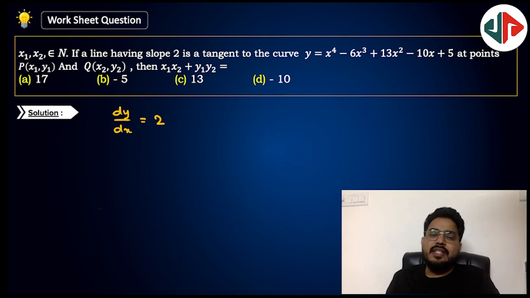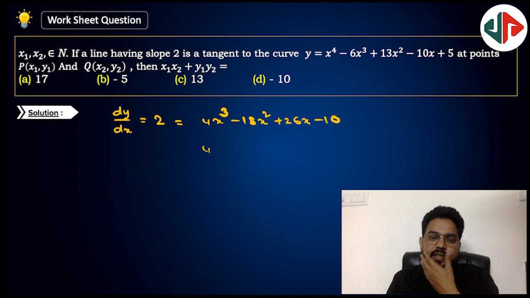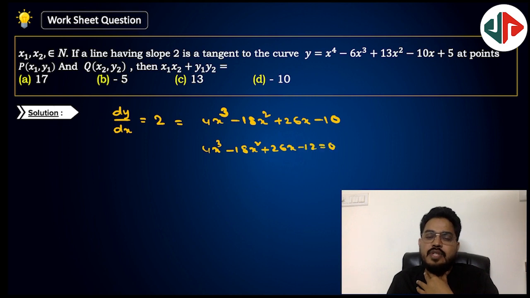So what is this one? dy by dx is 4x cube minus 18x square plus 26x minus 10. So this equation is 4x cube minus 18x square plus 26x minus 12 is equal to 0.